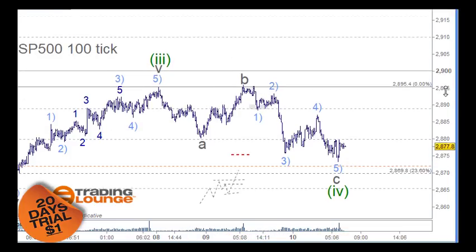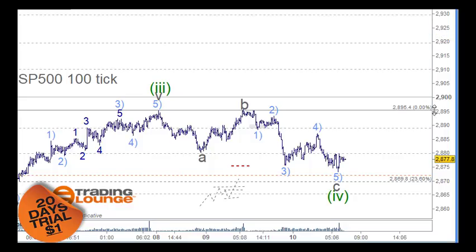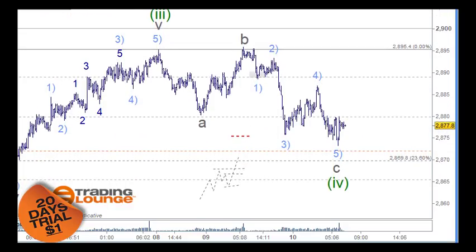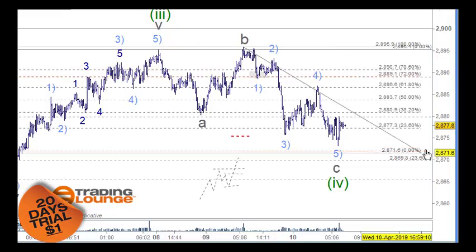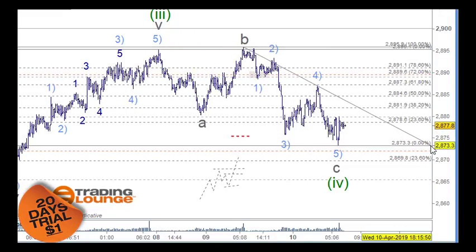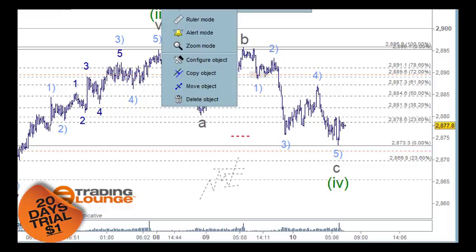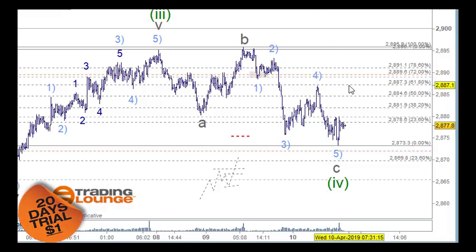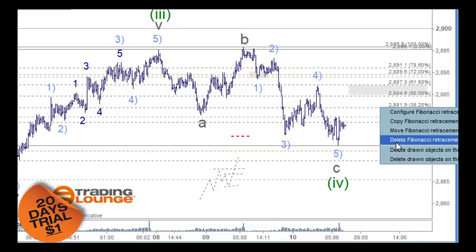So we would end up in this space up here. We can get to that later, but the resistance here would be from that high to this low, and that would come in at the wave 4 of 1 lesser degree, so this is the resistance.